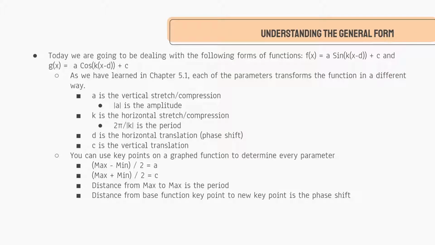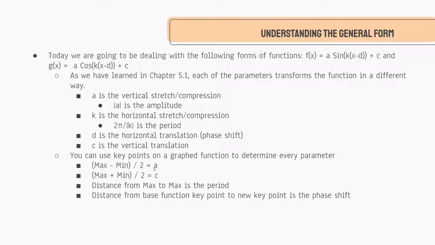Next, we have our K parameter, which is the horizontal stretch and compression. Again, just like with any other time, if it is greater than 1, it is a compression. If it is between 0 and 1, it's a stretch. If it's negative, a reflection on the y-axis.